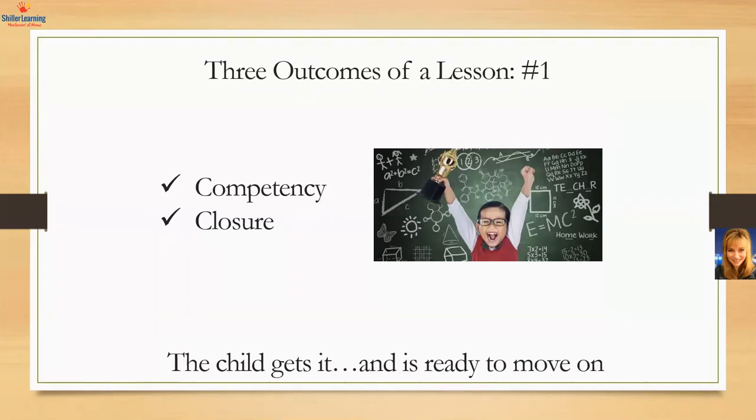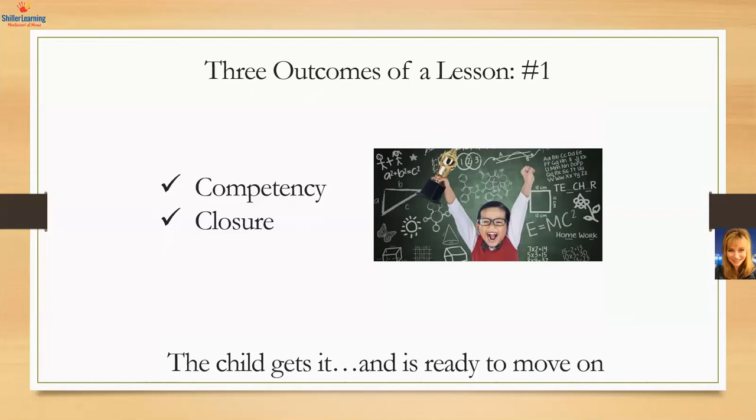There are three possible outcomes to a lesson. In the first possible outcome, the student has achieved both. The child gets it and is ready to move on. In this case, to continue practicing something referred to often as drilling is not appropriate and would only foster frustration.